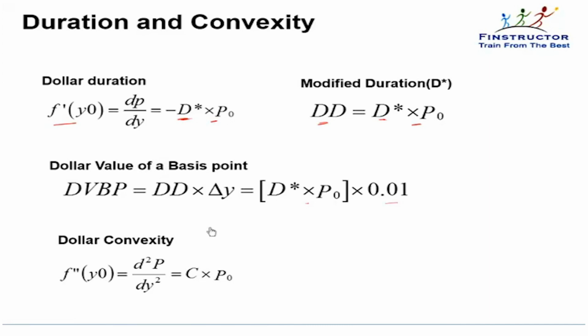Dollar convexity is the second derivative of the price with regards to the yield, or it is the change in duration for a 1% change in yield. It will be the effective convexity multiplied by the price. Just like dollar duration was the effective duration multiplied by the price, dollar convexity will be the effective convexity multiplied by the price. We'll understand these better once we do some examples.